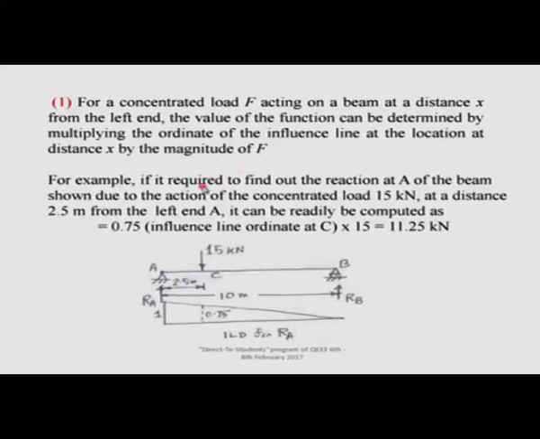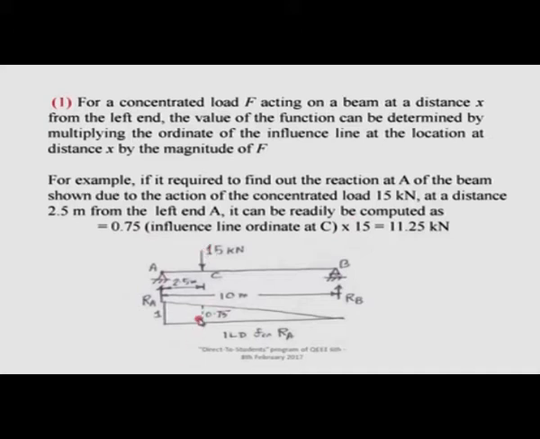So, if such diagrams are input into a computer as the variations, the functions can be determined very easily and quickly. For example, if it is required to find the reaction at A of the beam shown due to the action of a concentrated load of 15 kilonewton at a distance of 2.5 meter from the left end A, it can readily be computed as 0.75, because 0.75 is the ordinate, multiplied by the load itself.